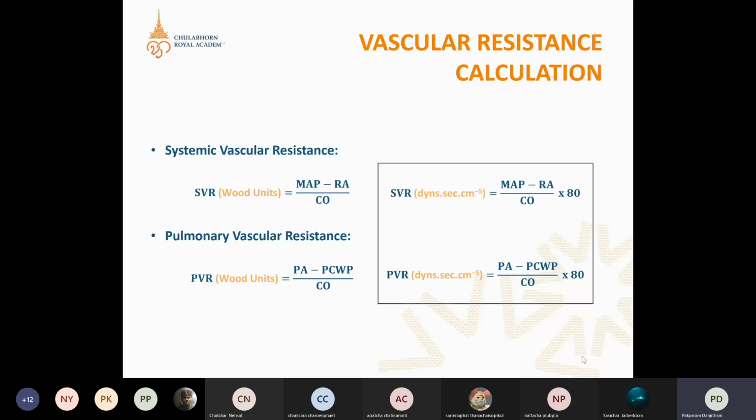So it will be PA, pulmonary artery pressure, minus pulmonary capillary wedge pressure, and then divided by cardiac output. Okay. The unit of SVR and PVR would be Wood units. If you want to change the unit of the SVR, you can multiply by 80 in order to change to this unit.